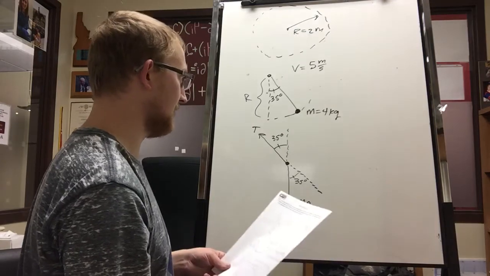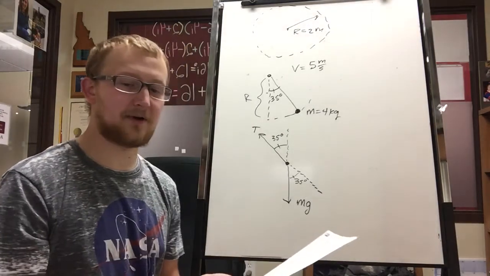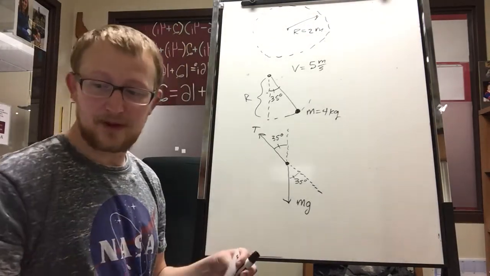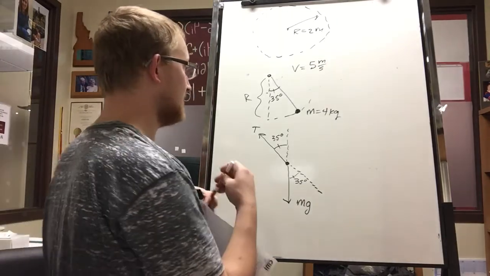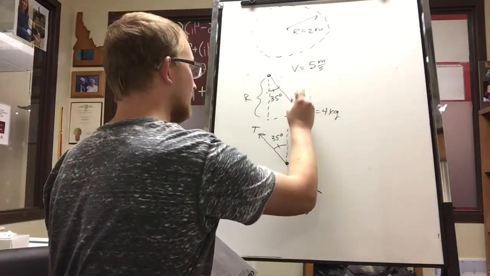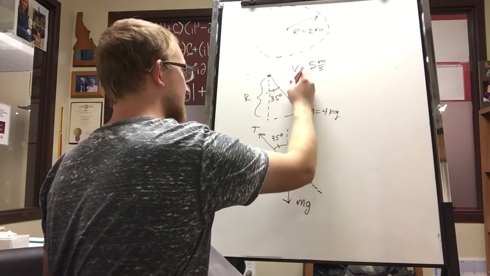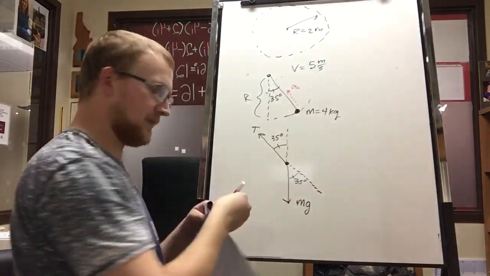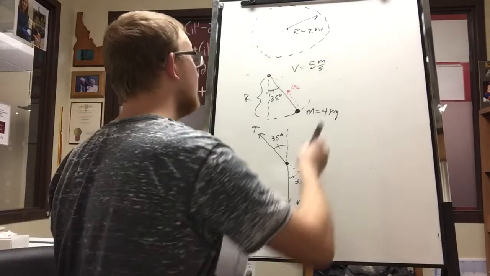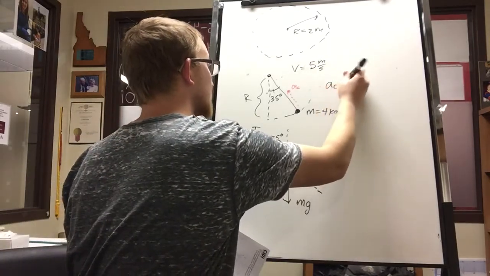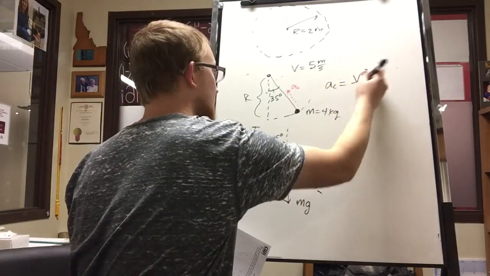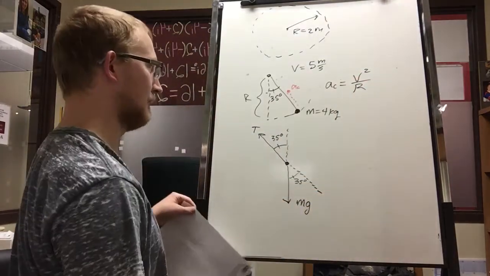And of course there's going to be some centripetal acceleration, right? And the centripetal acceleration is going to be orthogonal to the tangential velocity. And we know that a_c is equal to v squared over r. This seems to be coming up a lot in these last couple problems.